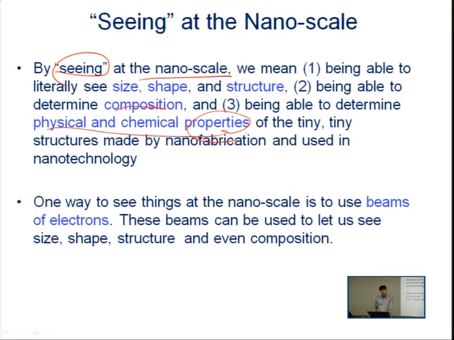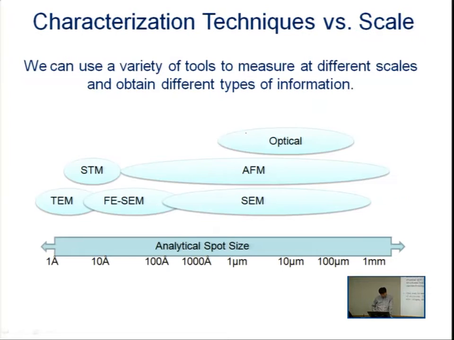One way to take a look at those nanostructures is using electron microscopy. This is a characterization tool versus its capability to observe these structures. This is the optical microscope, which can roughly go down to around 0.2 micrometer.